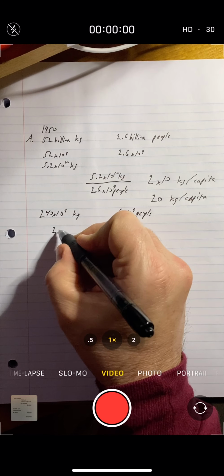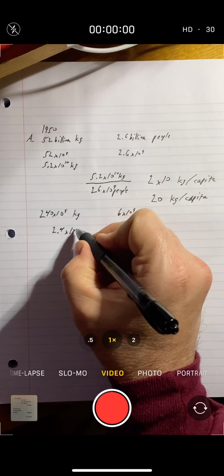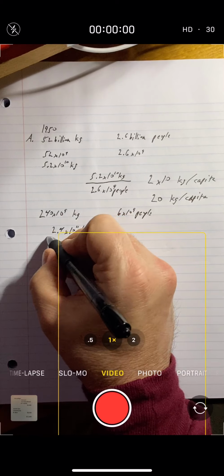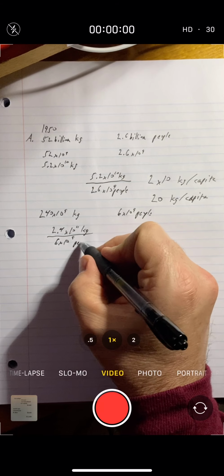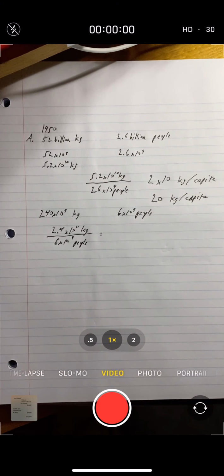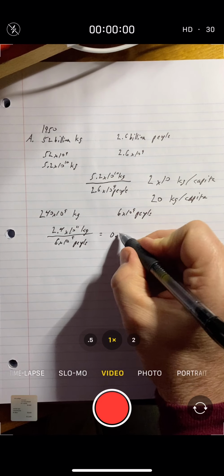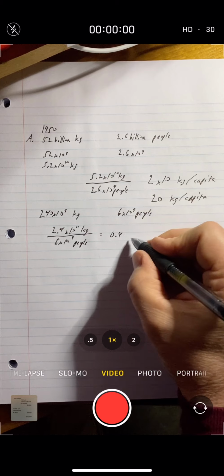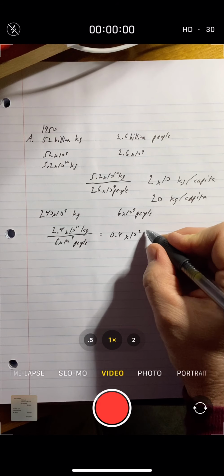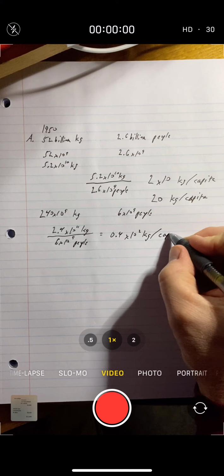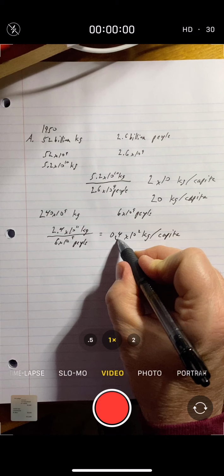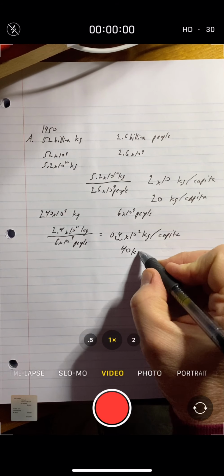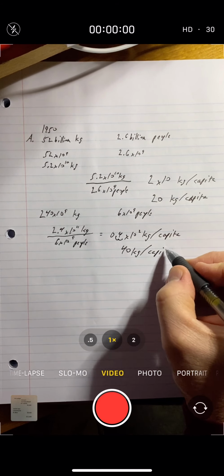The 2.4 times 10 to the 11th kilograms divided by 6 times 10 to the 9th people. 24 divided by 6 is 4. 6 and 2.4 would leave you with 0.4, times 10 to the 11th over 10 to the 9th, times 10 to the 2nd kilograms per capita. However, 0.4, moving the decimal 2 places, you end up with 40 kilograms per capita.